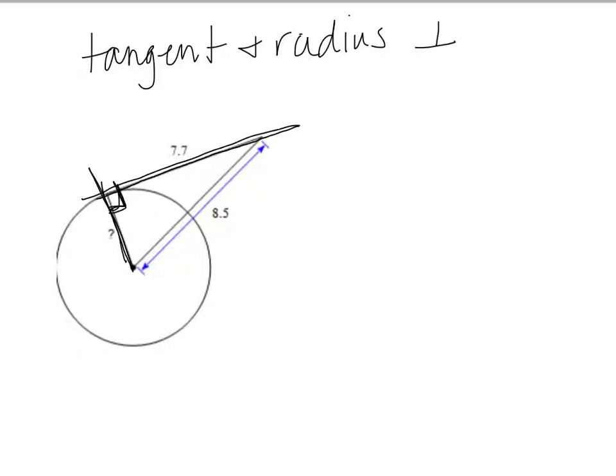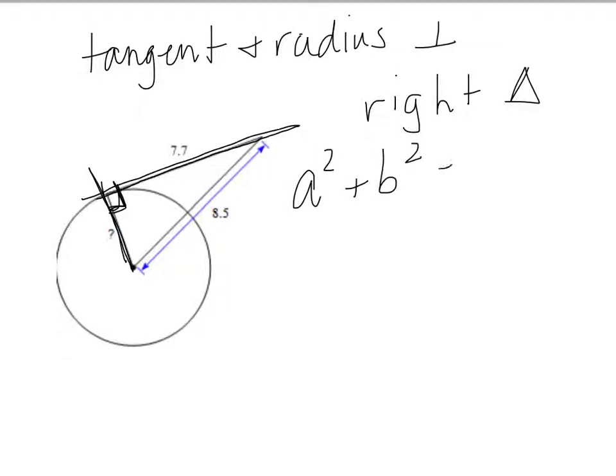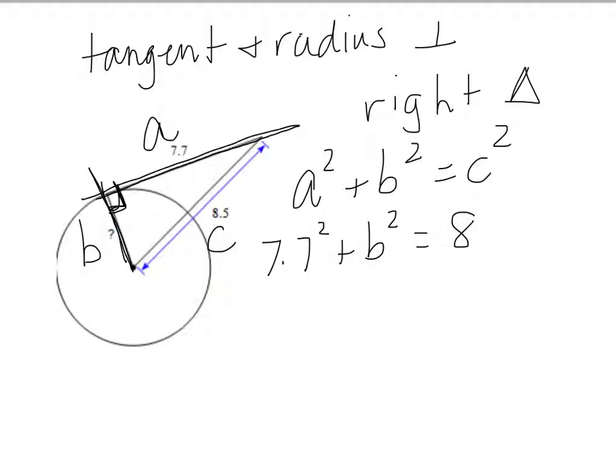So what I have is a right triangle, and with a right triangle, if I have two sides and I'm missing one, I can use the Pythagorean theorem to solve for my missing side. So C is my hypotenuse, so this is going to be my C. I'll let this be my A, and I'll let the missing side be B. So A is 7.7 squared plus B squared equals C squared, which is 8.5 squared.